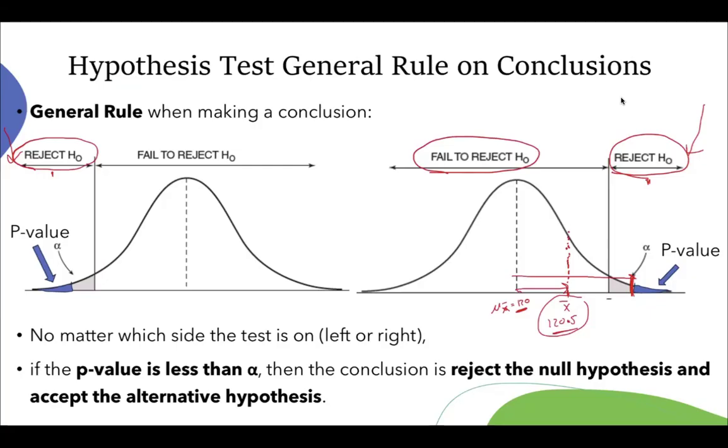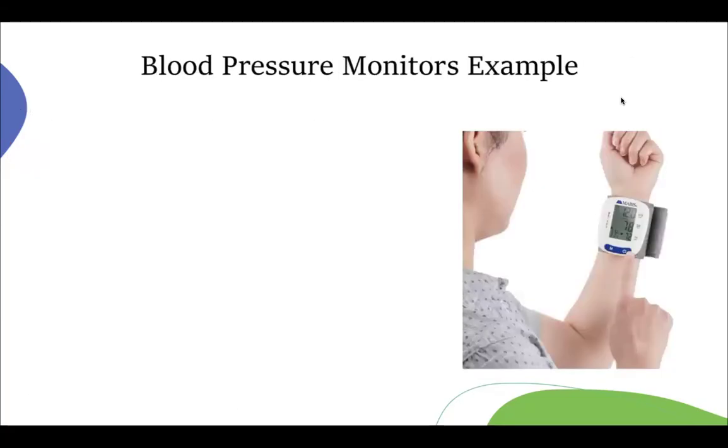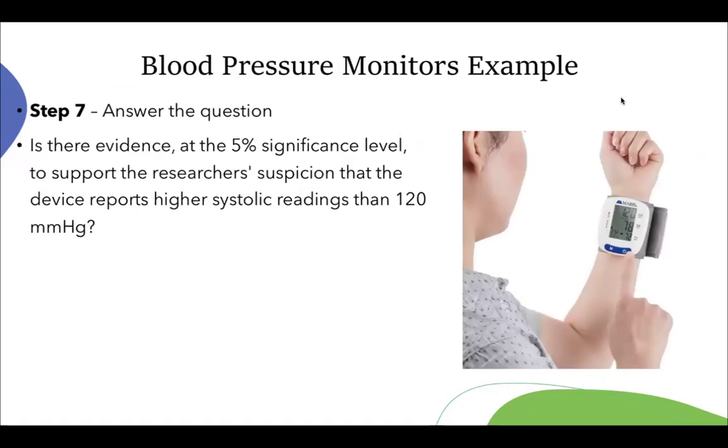Okay, but going back to this particular test, because we did reject the null hypothesis, the answer to the question, is there evidence at the 5% significance level to support the researcher's suspicion that the device reports higher systolic readings than 120? We say yes.